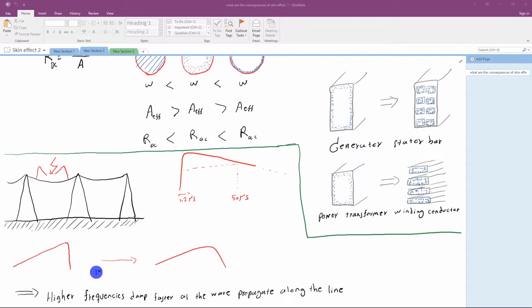So the AC resistance is higher for higher frequency. The high frequency components of this wave feel more resistance, and that means those components will damp earlier than the lower frequencies. So as the wave propagates along the line, the high frequency components will be lost.